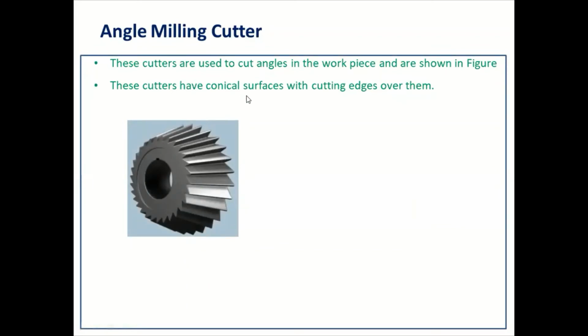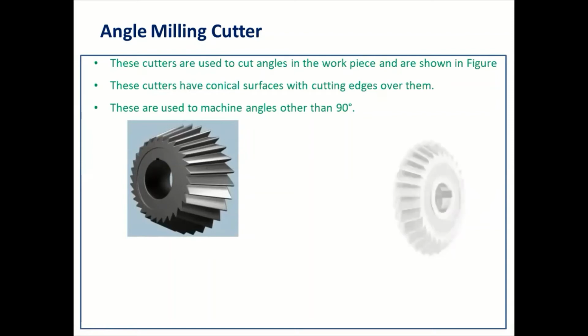These cutters have a conical surface with the cutting edge over them. You can see in this diagram, this is the conical shape, and over the periphery there are a number of teeth. These are used to machine angles other than 90 degrees. So if you want different types of angles on the workpiece, it is possible with this cutter.